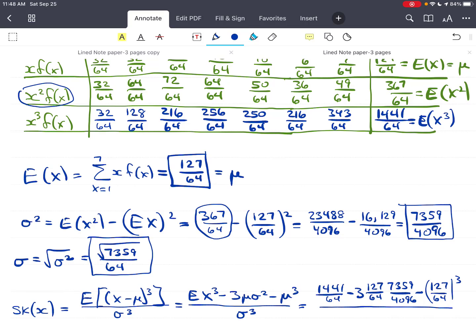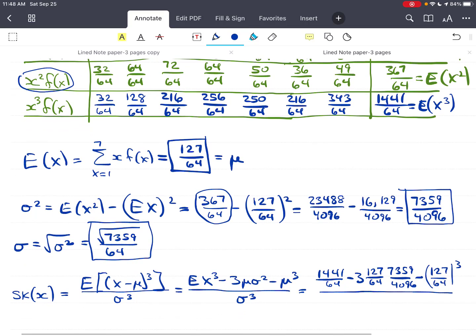Sigma cubed can be written as, I'm going to take sigma here and cube it. So I'm going to end up with 7359 times the square root of 7359, or you can say 7359 to the 3/2, and then 64 cubed. Okay?